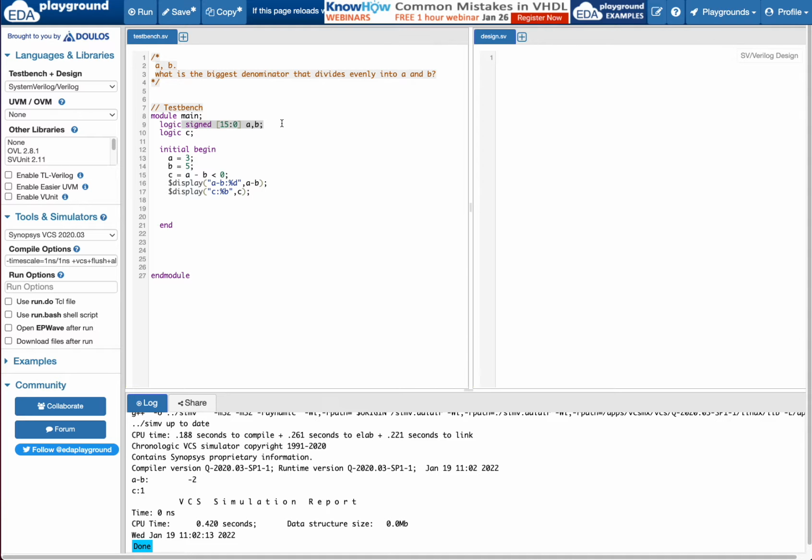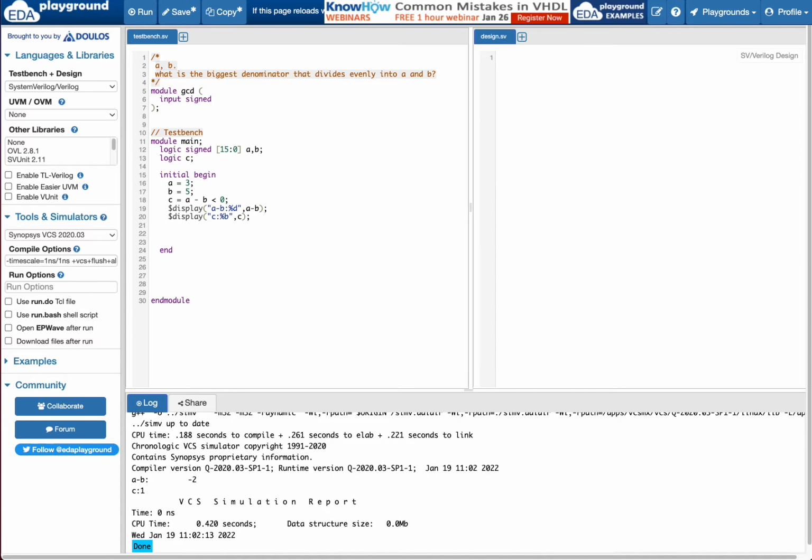So yeah, I'll use the logic signed to do it. All right, so this one is an interesting one. And instead of parameterized inputs, let's say that.